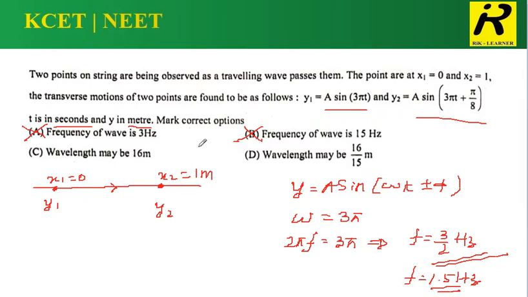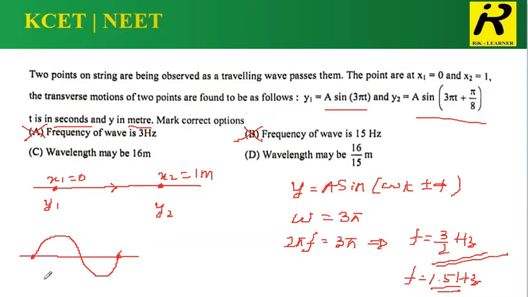Now I have to think about wavelength. To identify the wavelength, I am thinking about the relation between path difference and wavelength. If we take a wave like this, whether transverse or longitudinal, I am simply using a transverse wave as an example. This is the initial point and this is the ending point.